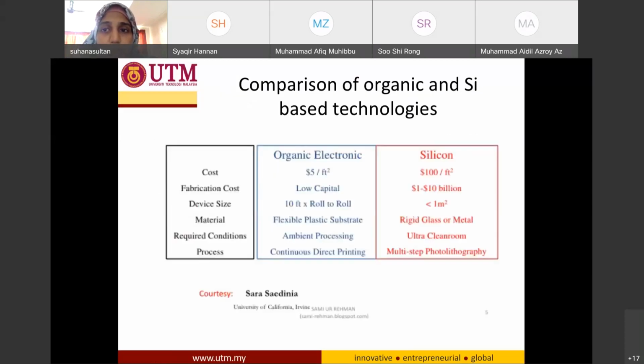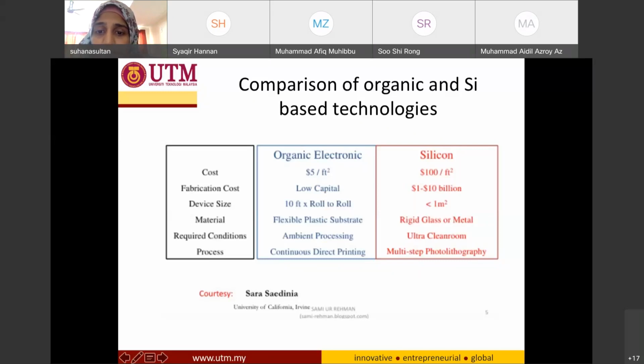If you compare organic and silicon-based technology, organic electronics comes in very large volume with a large device size. The substrate material is also flexible, the required condition is ambient, and you can continuously print on this substrate.